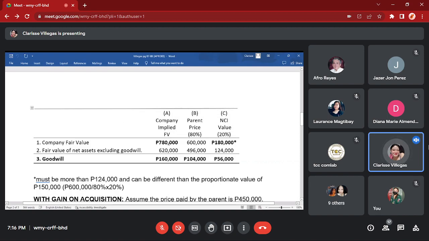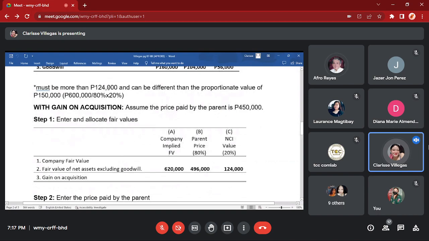Goodwill: 780,000 less 620,000 equals 160,000. 600,000 of company fair value of B less fair value of net assets excluding goodwill 496,000 is 104,000. 180,000 of company fair value of NCI value 20% less fair value of net assets excluding goodwill 124,000 is equal to 56,000.